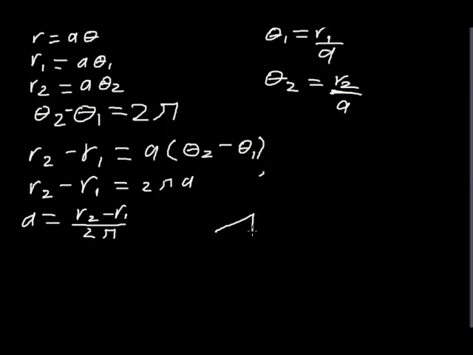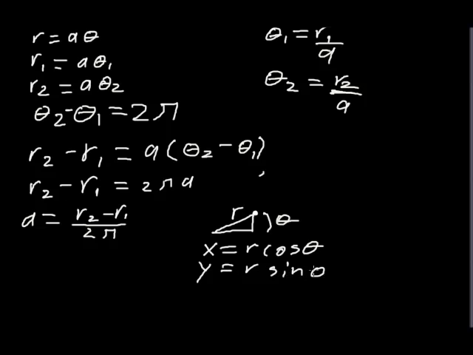Considering again some trigonometry, we have our angle theta and r, so we can once again represent any point on the spiral using r and theta like this, and to get the coordinates we simply use the fact that x is equal to r cosine of theta and y is equal to r sine of theta.